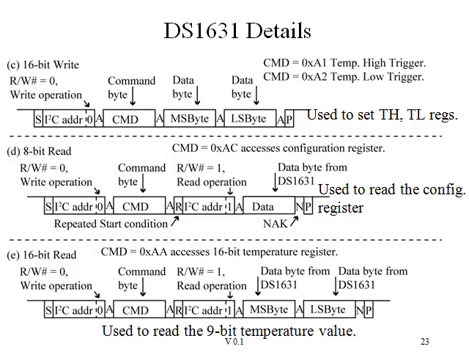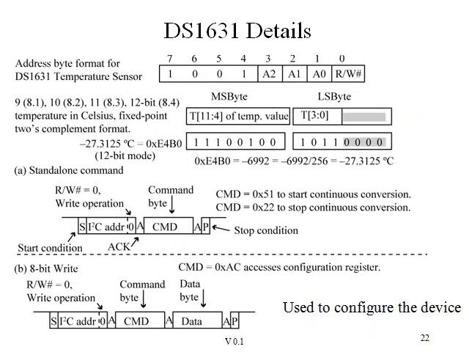Second, we'd like to do a 16-bit read, where we read back a 16-bit or 9-bit temperature value embedded in a 16-bit string. So in order to do those 2 things, let's look first at the address byte that both read and write transactions are required to send.